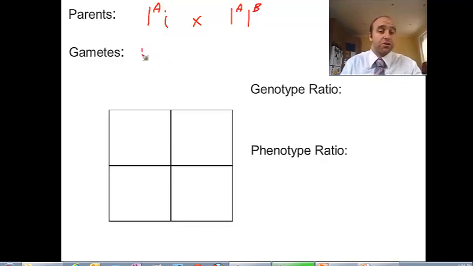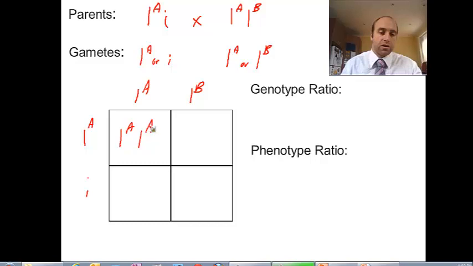And the gametes produced, again, always important to write these out, can either be, the parent could either give the dominant A allele or the recessive O allele, or in this case the other parent could give either the A or the B. Now let's write the possible gametes down our Punnett square and put the other parent on the other side. Again, it's just a matter of filling in one from here and then one from here and working our way along.